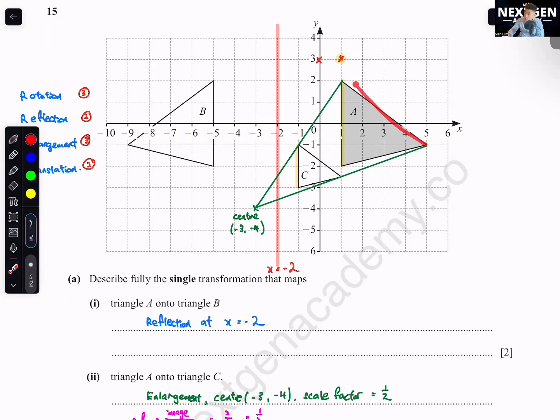Measure from here to here, then draw a 90 degrees. You'll get over here, and then your last point, you'll get over here. Connect these three dots together. This is your rotation 90 degrees clockwise about (1, 3).